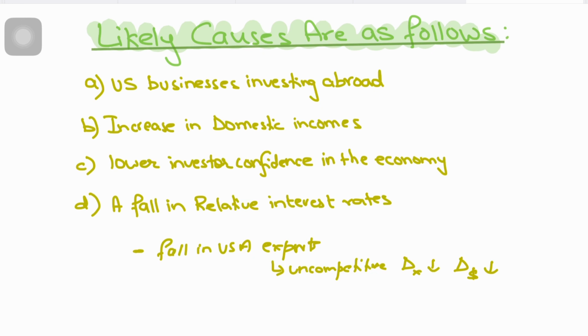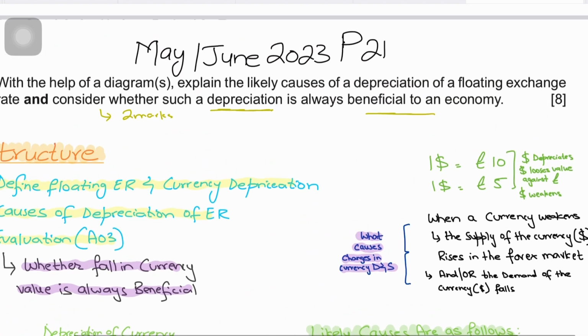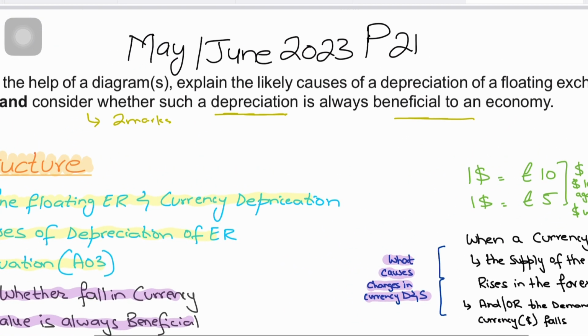Those consequences could be both positive and negative, because the later part of the question asks us to consider whether such a depreciation is always beneficial. So later, when we evaluate and form a conclusion, that judgment will take its shape from the positive and negative impacts we mentioned regarding depreciation.